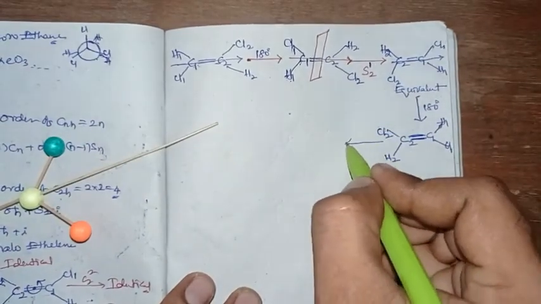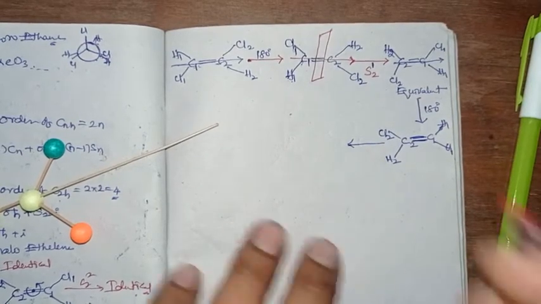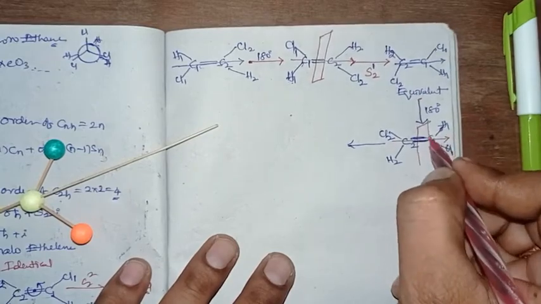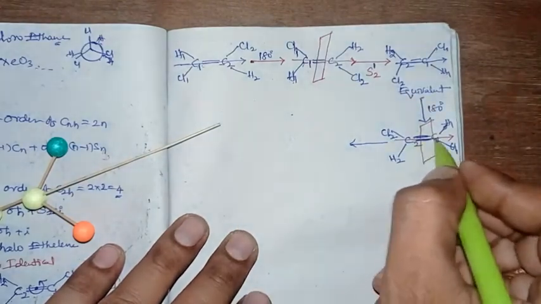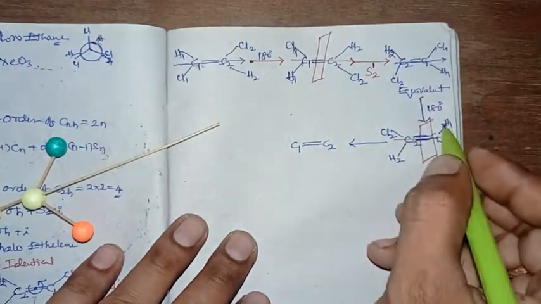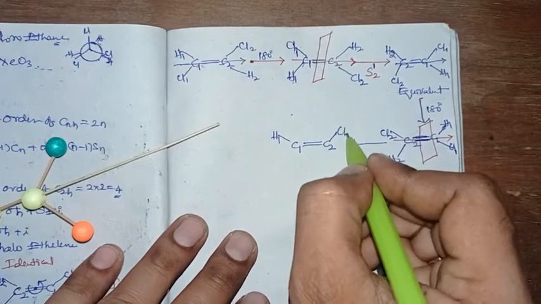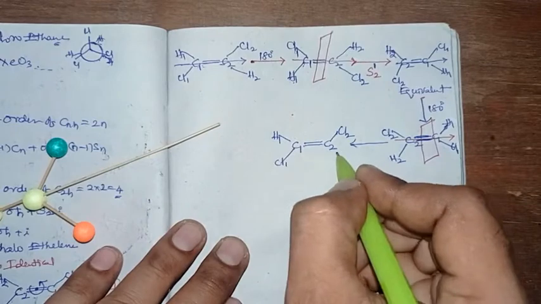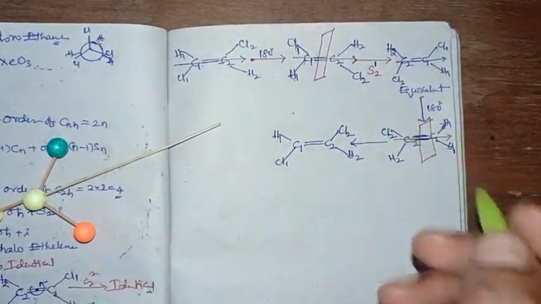So after which when we apply the plane which is perpendicular to the rotational axis, the carbons get exchanged, and the above hydrogen and chlorine get exchanged, here H1, here Cl2, and below, the hydrogen and chlorine get exchanged, chlorine 1 and H2, these two get exchanged, carbon will get exchanged.